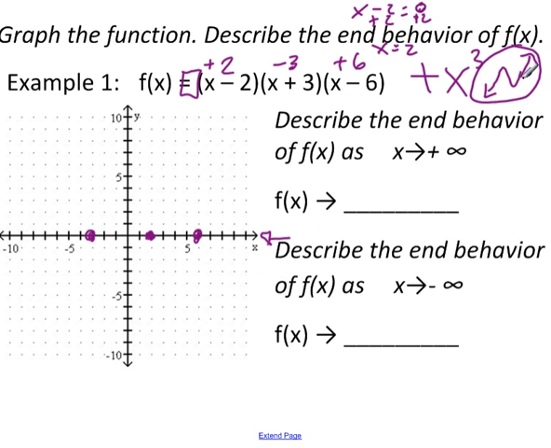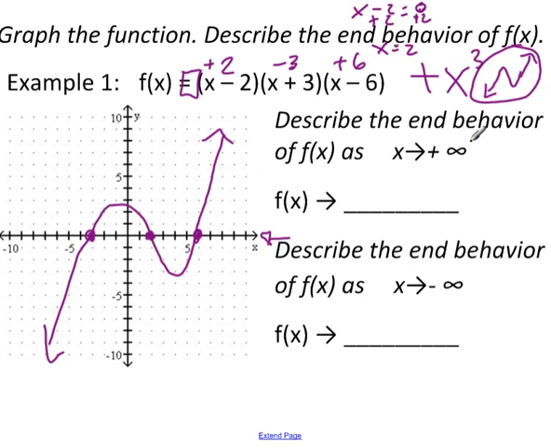But we do know it looks kind of like this, and it's going to go through these points. So I'm going to start out up here. I'm going to go down through my first point, curve it up, curve it down, and go on forever. So we get an idea of where it is and what it kind of looks like. And there's our graph. Look at that. We just graphed a cubic polynomial.